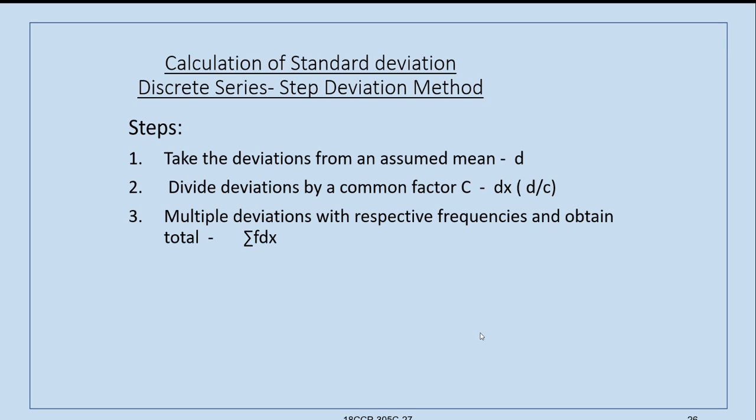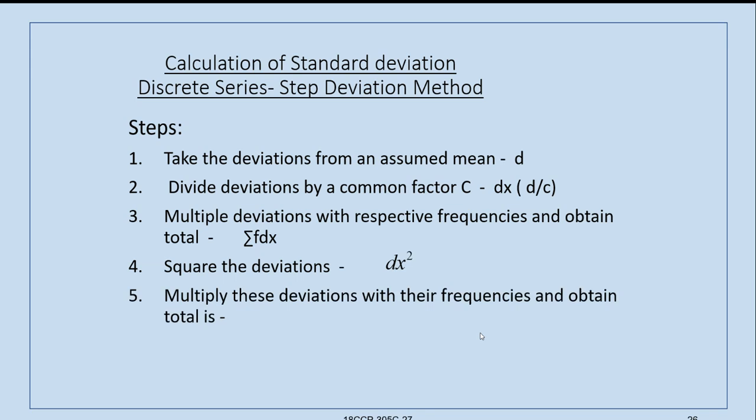Divide deviations by the common factor c, multiply deviations with their frequencies and obtain the total sigma fd. Then square the deviations, multiply them with their frequencies and obtain the total sigma f d square, and then apply the formula. Please understand the steps carefully.